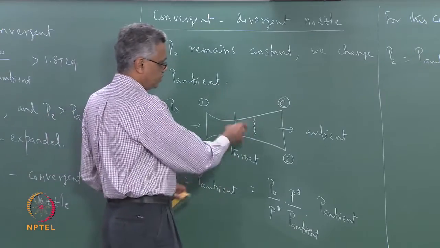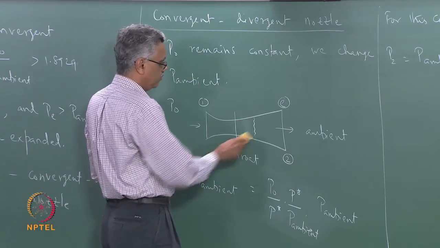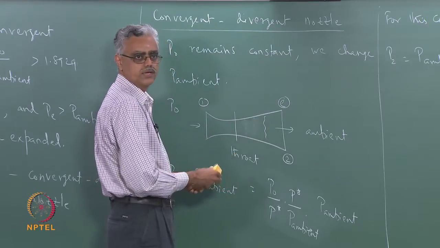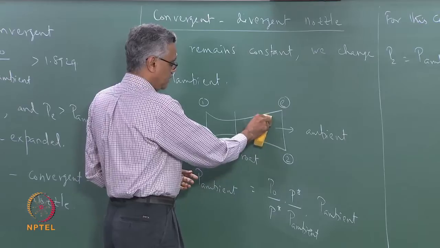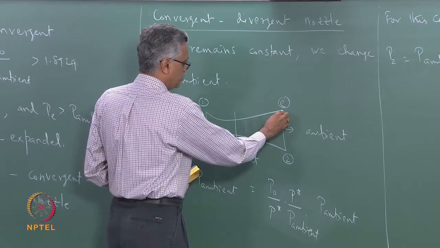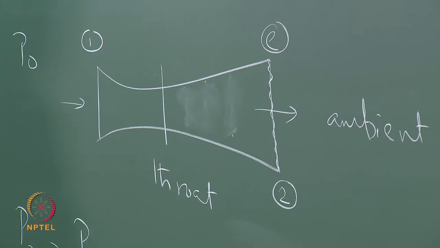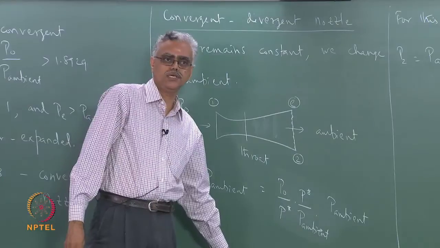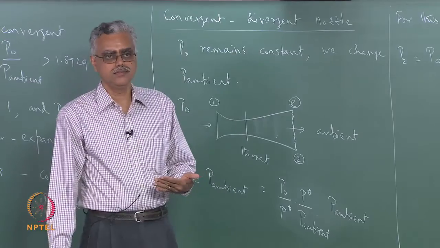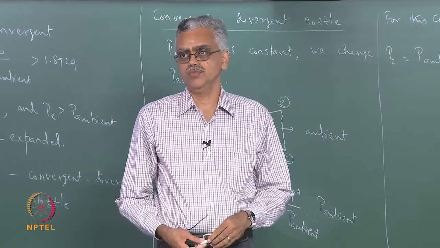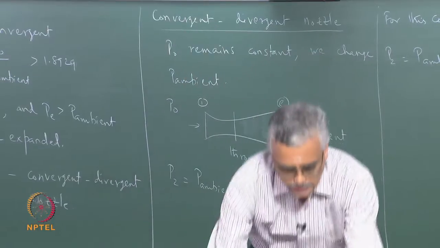If I lower it a little bit more, then the normal shock moves further downstream, and then we lower it enough that it finally positions itself just at the exit. That is when the normal shock is the strongest and the loss of stagnation pressure is also the highest possible, and that is what is shown in this figure.